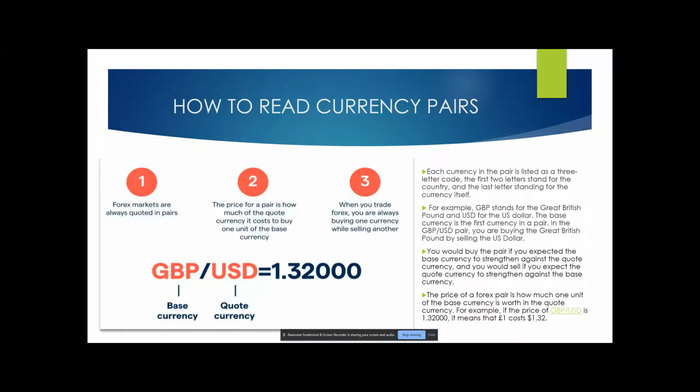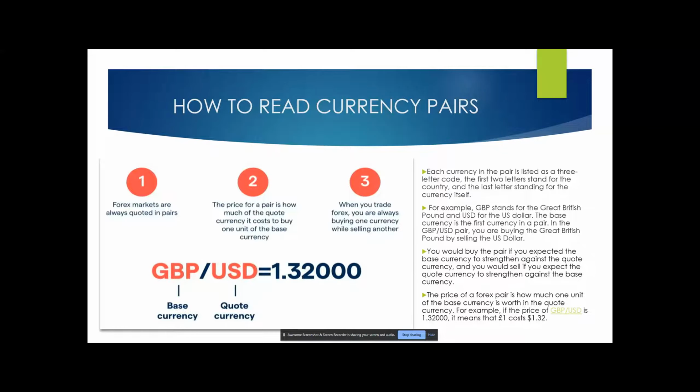In the GBP USD pair, you are buying the Great British Pound by selling the US dollar. You would buy the pair if you expect the base currency to strengthen against the quote currency, and you would sell if you expect the quote currency to strengthen against the base currency.